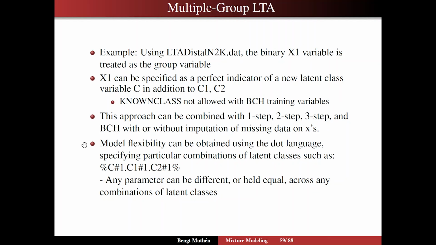And you can get quite a lot of model flexibility using the dot language, specifying particular combinations of latent classes. So where you bring in C and C1, C2. And where any parameter across these dot commands can be different or held equal across any combinations of latent classes.